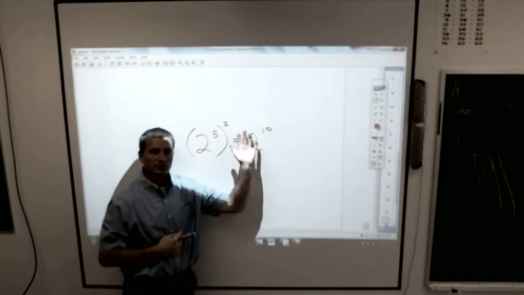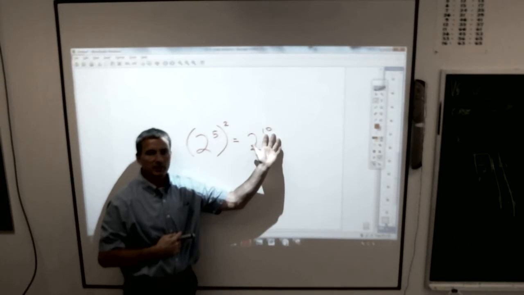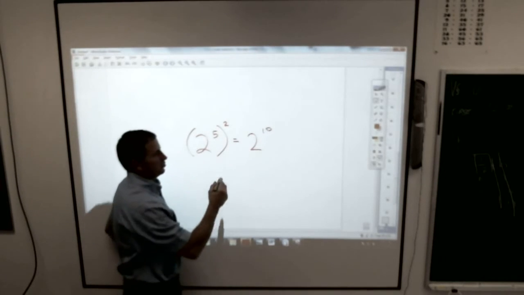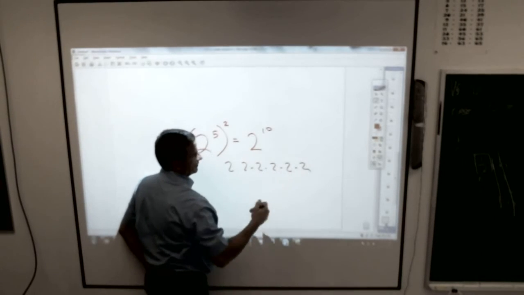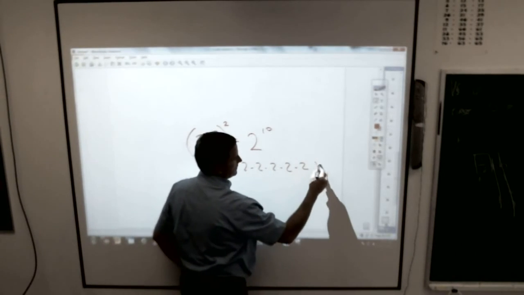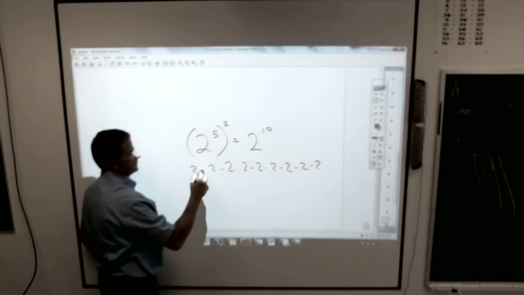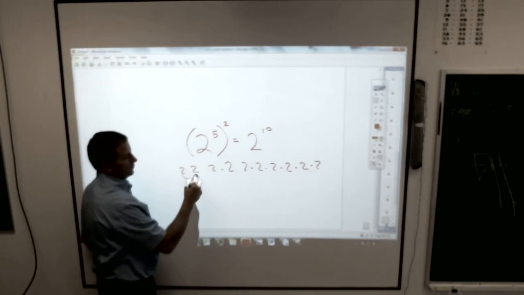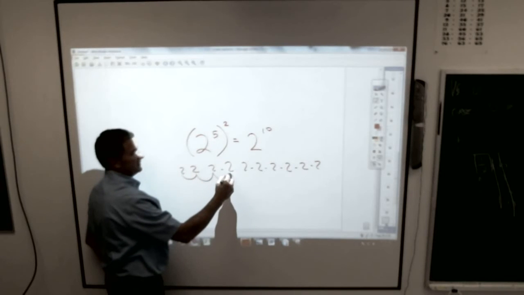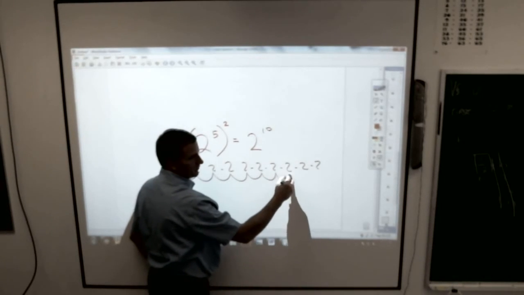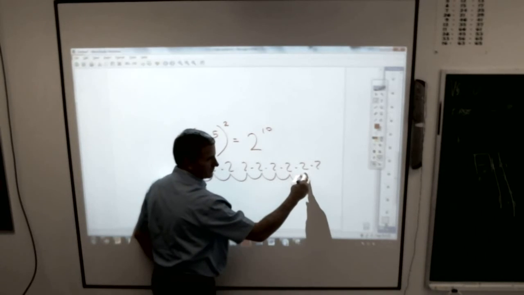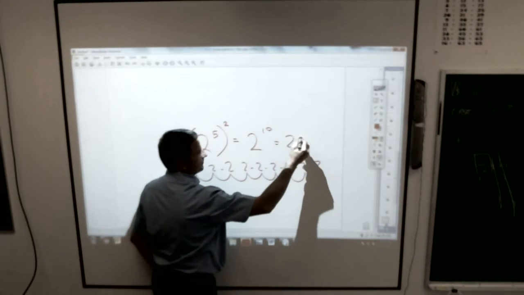You have a little number too, but when you get it to the 10th power, it gets awful big. If you have 10 2's multiplied together, 1, 2, 3, 4, 5, 6, 7, 8, 9, 10. 2 times 2 is 4, 8, 16, 32, 64, 128, 256, 512, 1024, 2048.